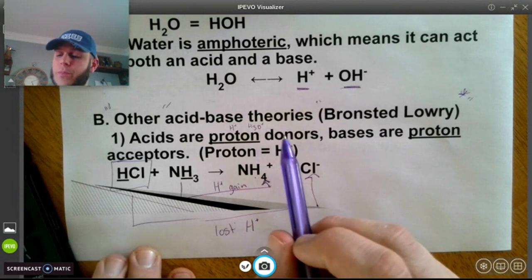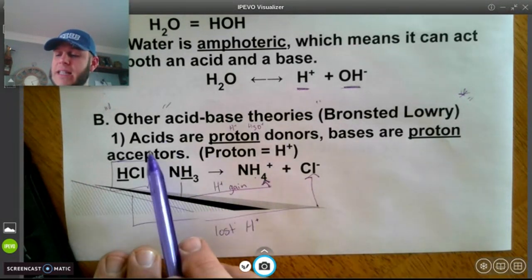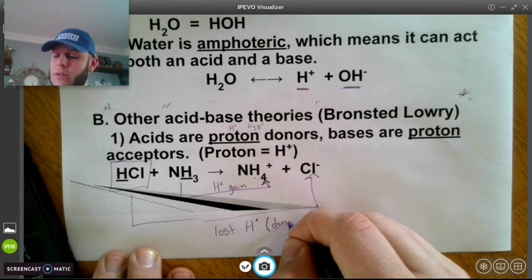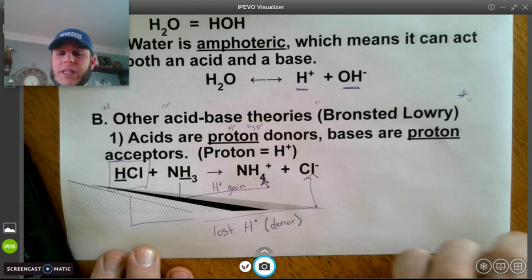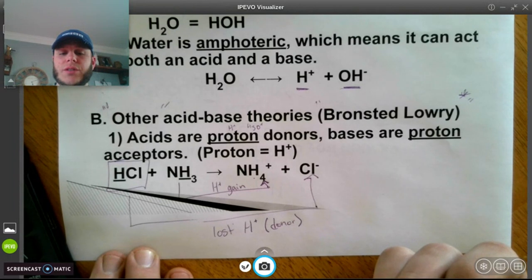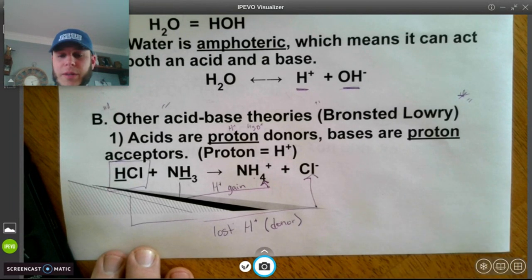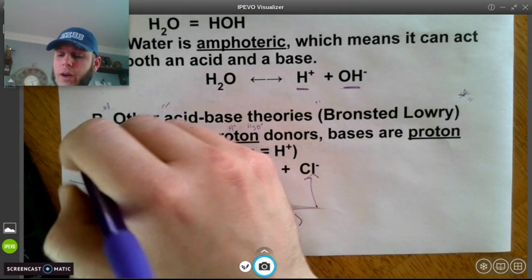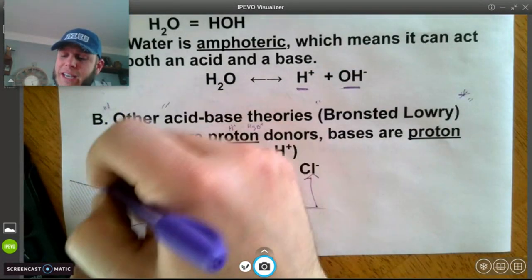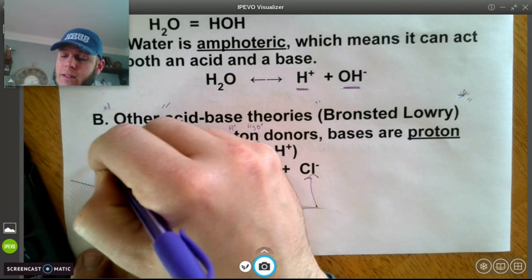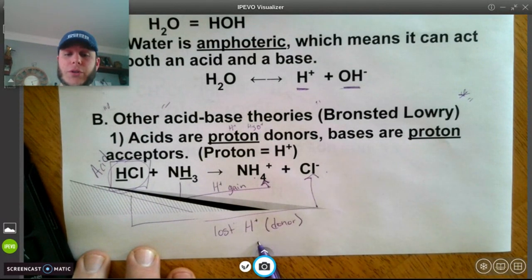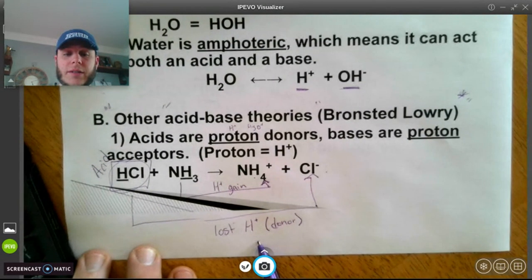And so what this theory is saying is that if acids are proton donors, whatever loses an H plus is going to be the donor, making HCl the acid because it went from HCl to Cl by losing a proton.